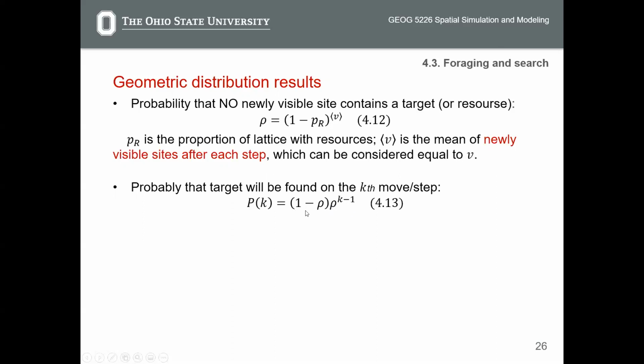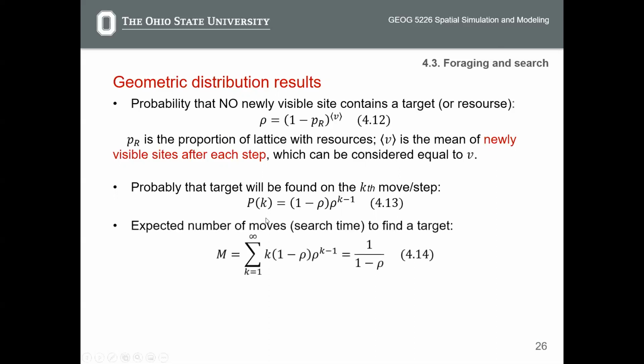Multiply by the last step, which is a success because we found the food, we found the target on the k-th step. So for the k-th step, it is 1 minus rho, because rho is no food, no target, and 1 minus it is the probability of success. Okay, so that's PK.